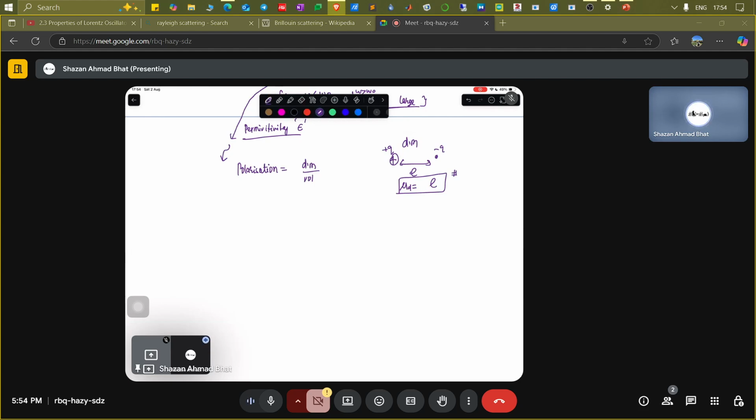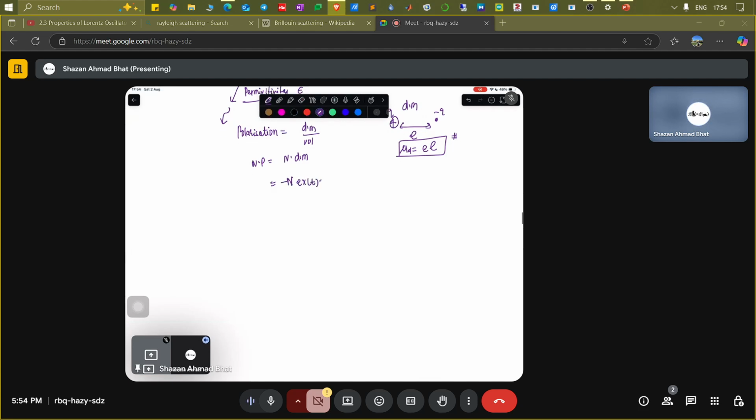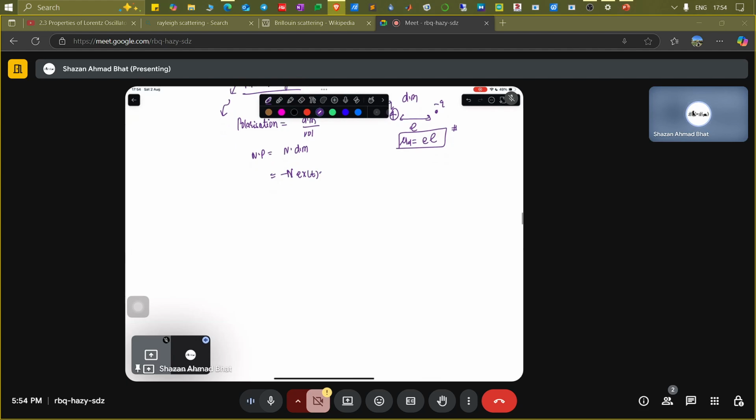Let's represent Q as e, which is basically the charge. And if you write n times the dipole moment, you get the dipole moment per unit volume, where n is the number of atoms per unit volume. So you can have minus n times e x of t, where x of t is the displacement or distance between the two atoms.